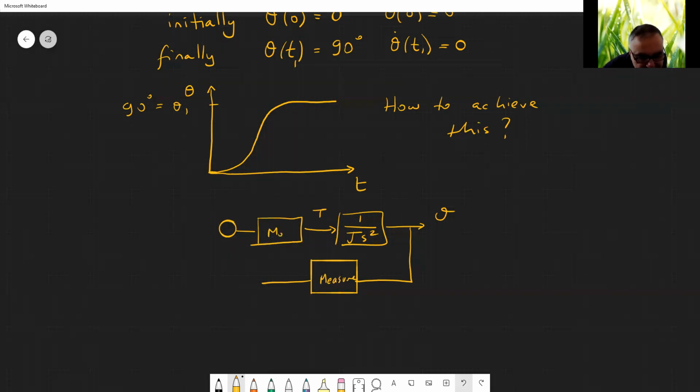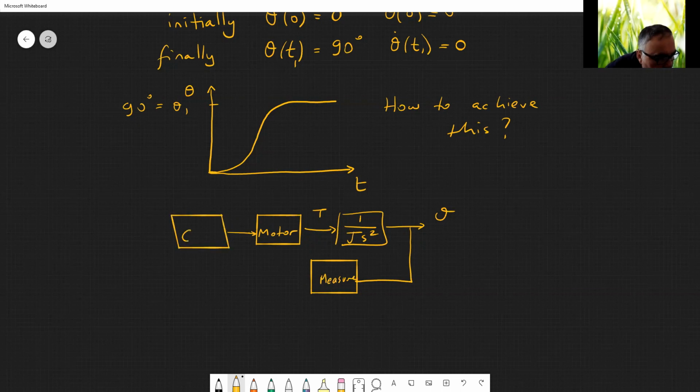Well, let me just draw it better. You have the motor that provides this, and then the motor is driven by the controller, which we will come to see.